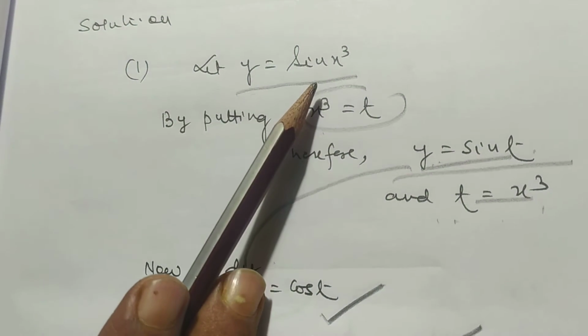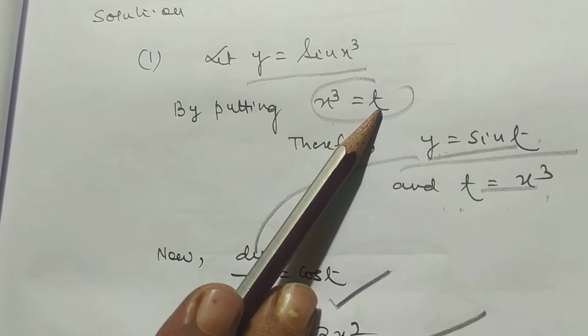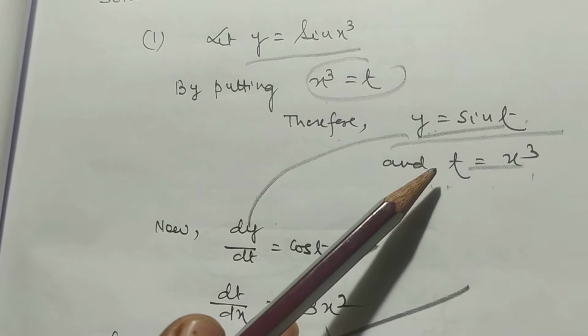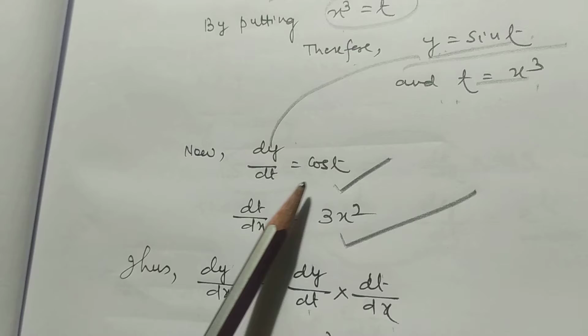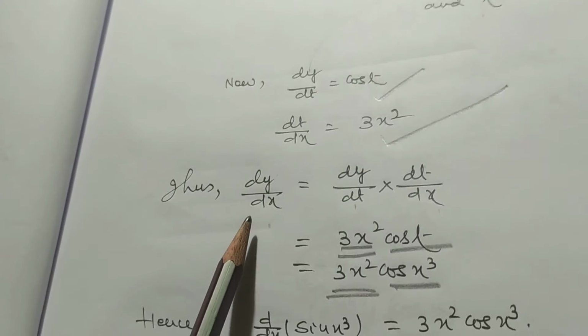Let y is equal to sine of angle x cube. By putting x cube is equal to t, what do you observe? We have y is equal to sine t and t is equal to x cube. So dy by dt is equal to cos t and dt by dx is equal to 3x square.